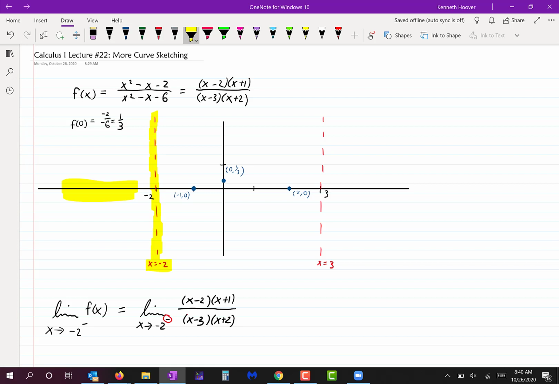Now, when you plug numbers that are less than -2 into here, what kind of numbers are you going to get? You're going to get negative numbers.